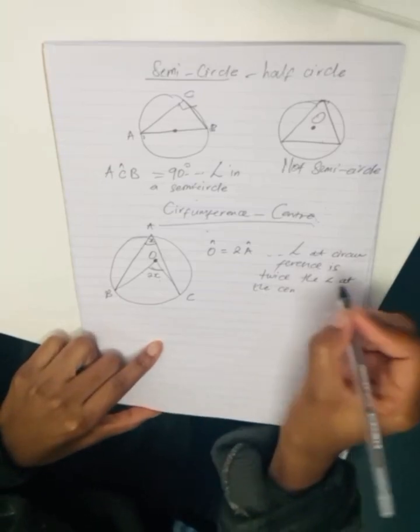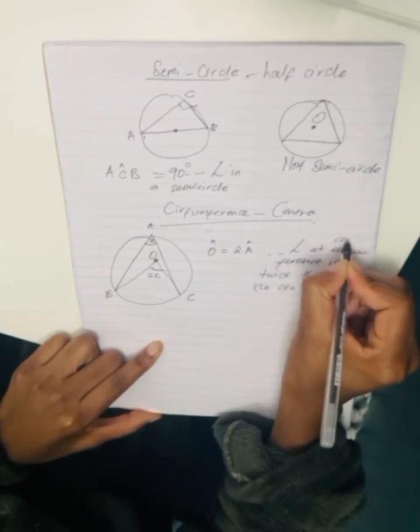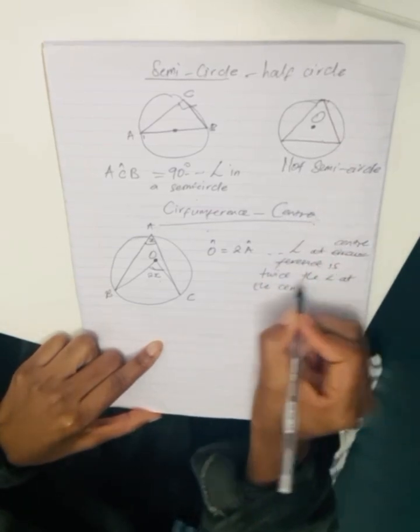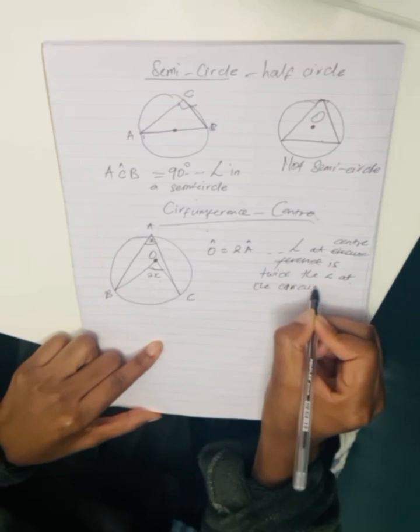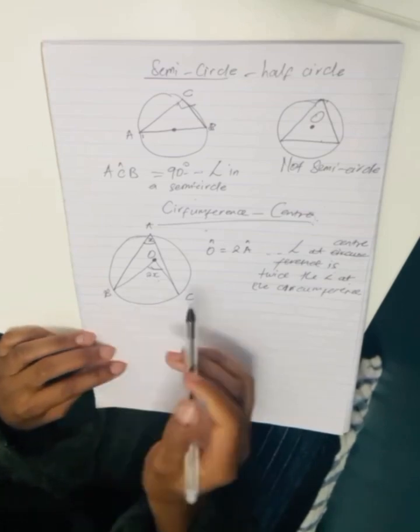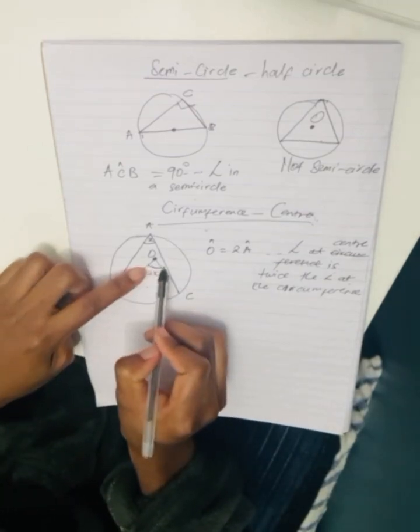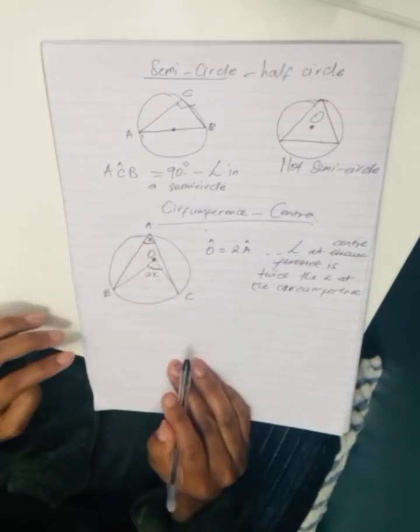I'm so sorry. So the angle at the center is twice the angle at the circumference. I'm so sorry about that. So we're saying that the angle here at the center is 2 times the angle at the circumference, right?